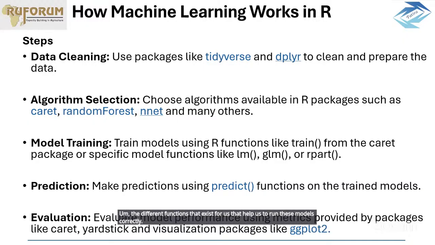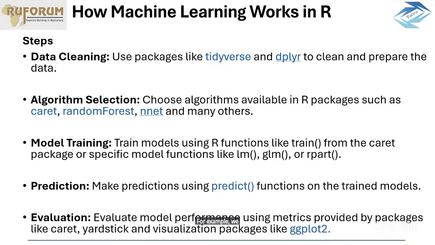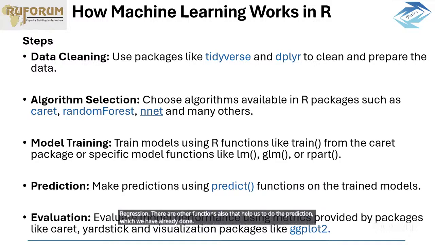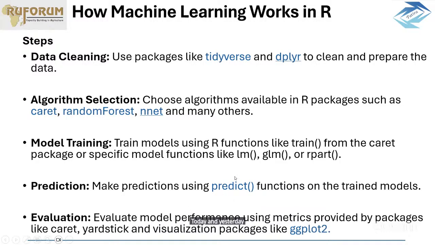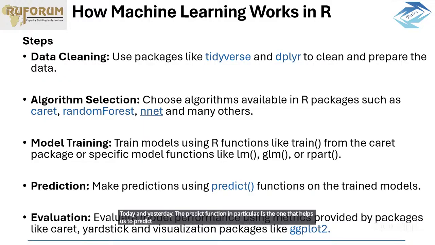For example, we use the LM function to create a linear regression model. Today, we have used the GLM, the generalized linear models, to come up with a logistic regression. There are other functions that help us to do the prediction, which we have already done today and yesterday. The predict function in particular is the one that helps us to predict the outcome.